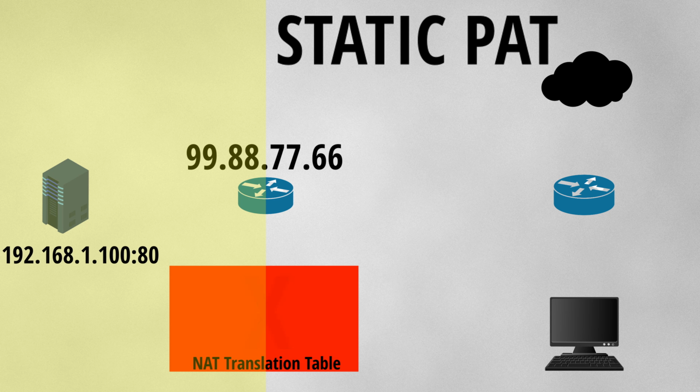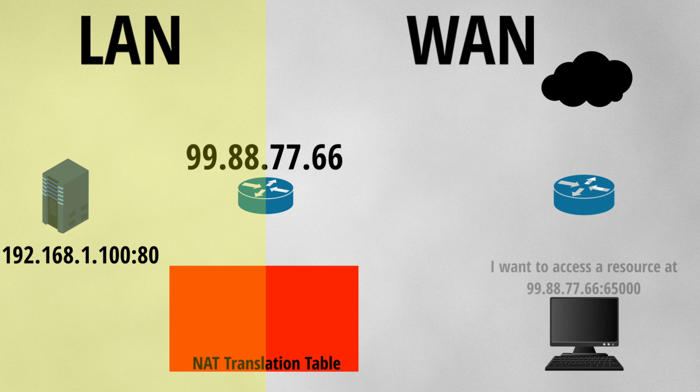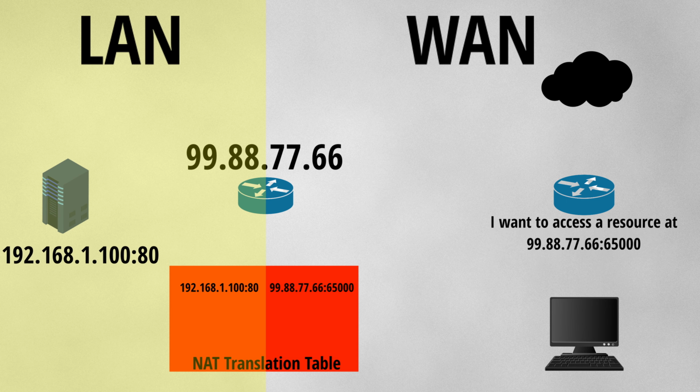Static PAT and static NAT allow outside external hosts to initiate connections to access the internal network. With static PAT, we explicitly tell the router that anything coming in from, say, port 65,000 using the public IP is to be translated and forwarded to the resource.